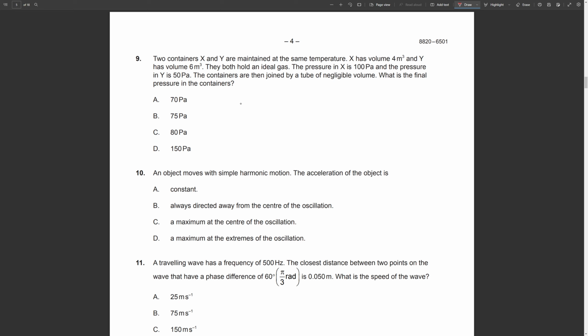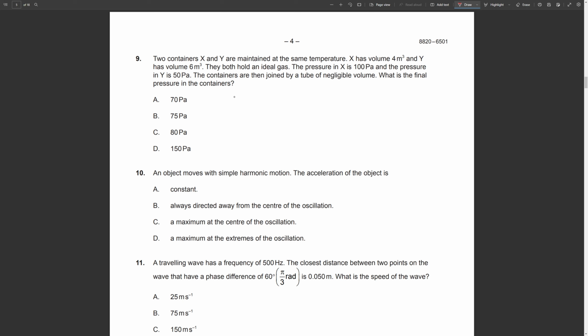Question 9. It's a very common question about ideal gas. You have two containers and you are going to connect them together. The following method is, to be honest, pretty long, but the benefit is it's very organized. So it's almost guaranteed that as long as you work out the math carefully, you can get the correct answer.